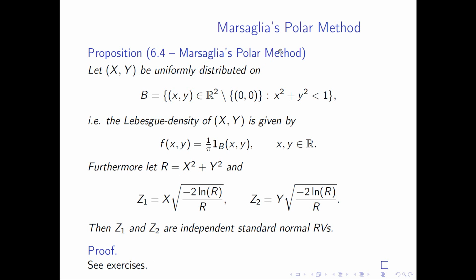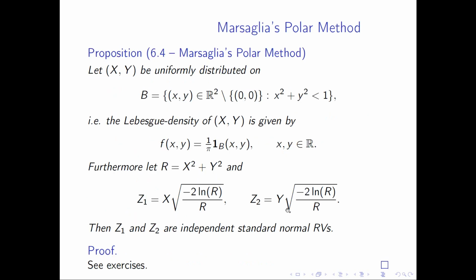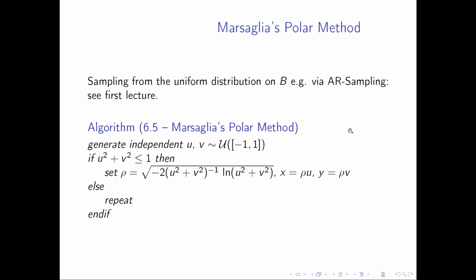And the advantage is here that we do not need to evaluate sine and cosine. So here are no sines and cosines. But on the other hand, we need to be able to sample from the uniform distribution on a circle. And this can be done, for example, via acceptance-rejection sampling, which we had in the first lecture. So we are sampling independently and uniformly in -1, 1.